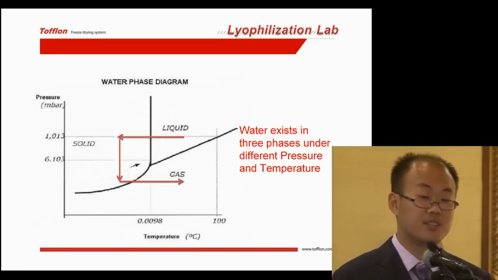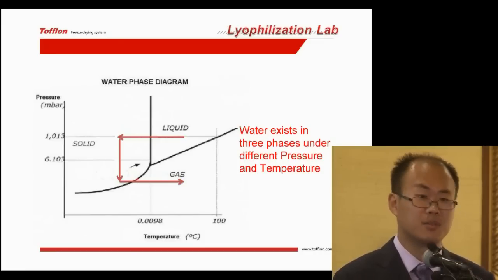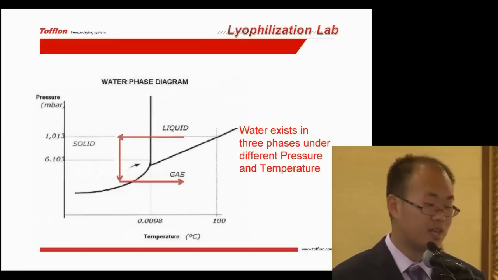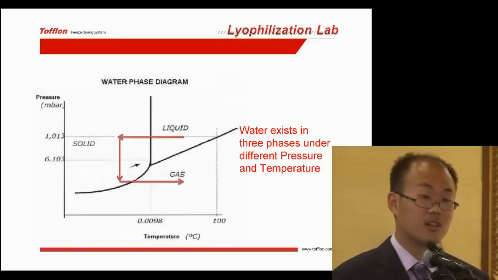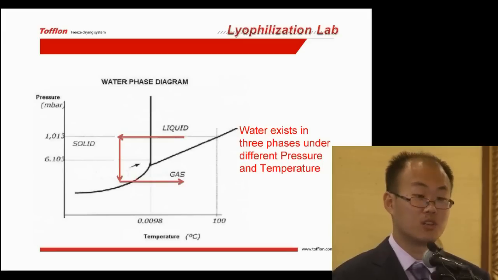There are no phase changes. But we go into the third step. We increase the temperature at the same vacuum pressure. Now we find that the solid becomes gas directly. So this is the whole freeze drying process. We talked about the water.